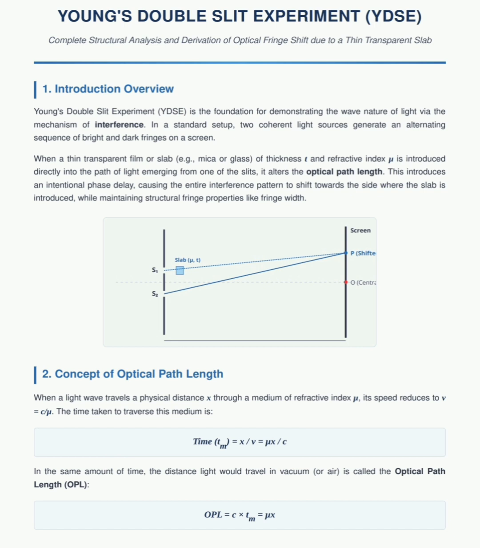So the time taken to traverse this medium will be x by v, and we can write mu x by c. So in this time, the distance light would travel in vacuum or air is called the optical path length, and that will be mu x, right?